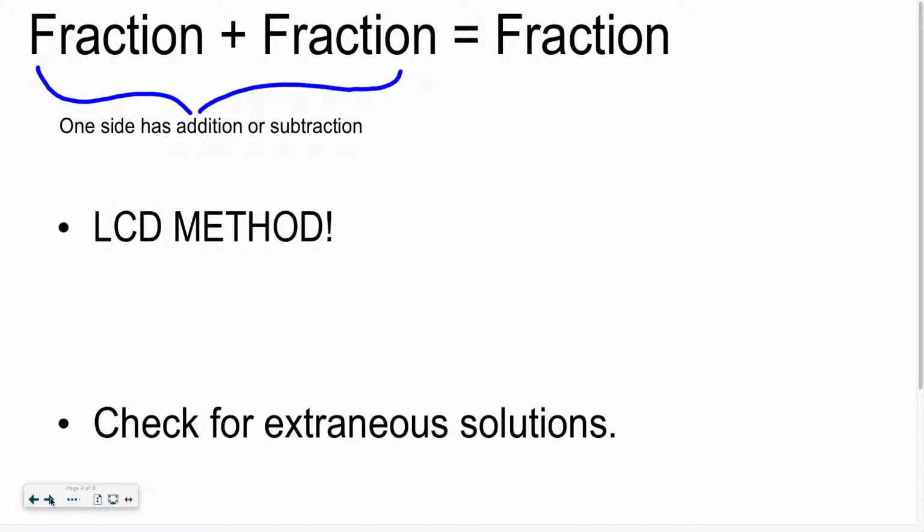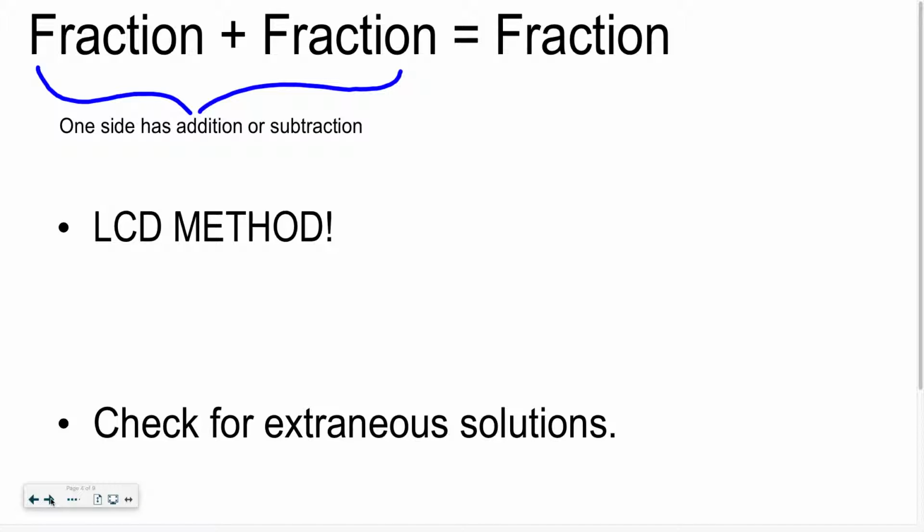If you have a fraction plus or minus another fraction, and it equals a fraction, and some of them could be non-fractions, then you're going to use what we call the LCD method. So that kind of goes back to what Mason was talking about when we said what number would we multiply by?